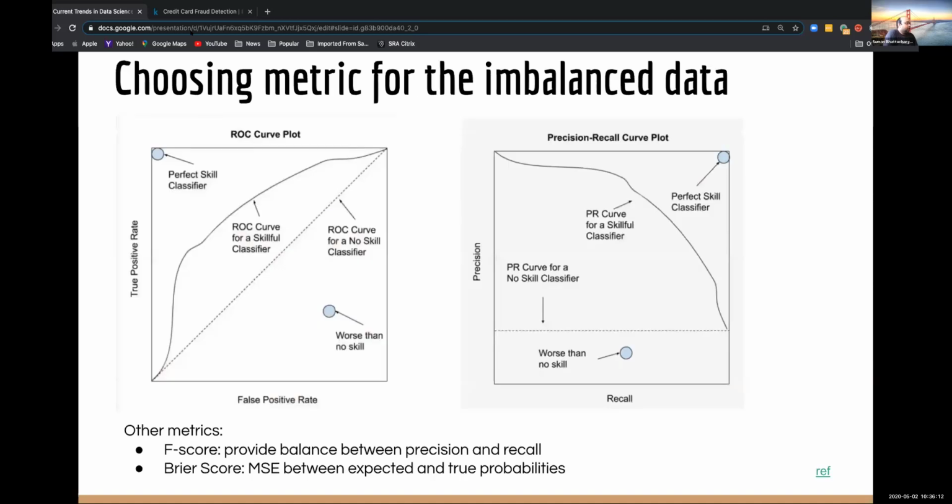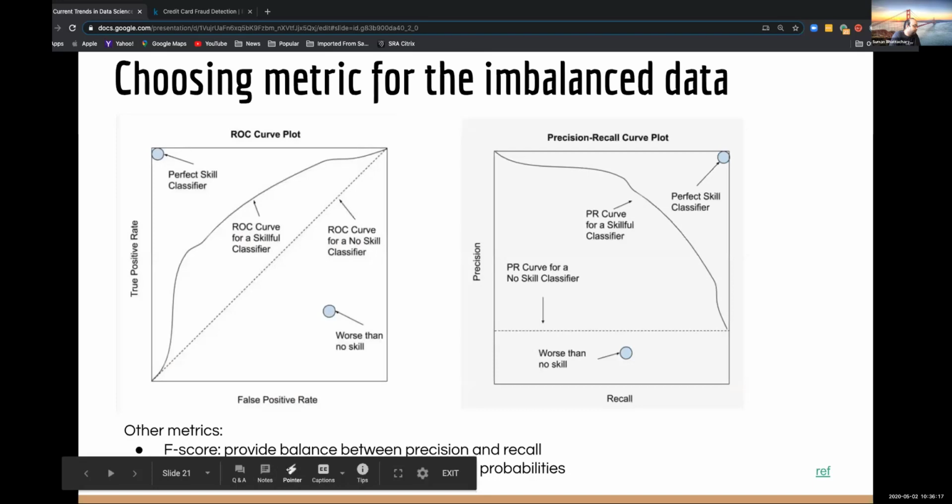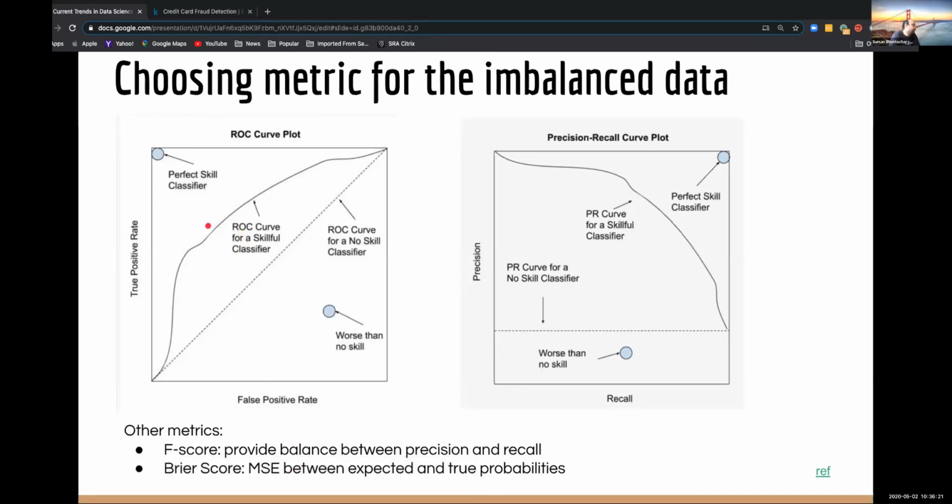Now on the metric side, on the left-hand side, this plot here is the typical AUC plot that we see in most machine learning models. This dotted line is, imagine that we are just flipping a coin and making a decision. And this line would be if we come up with a better model than that.